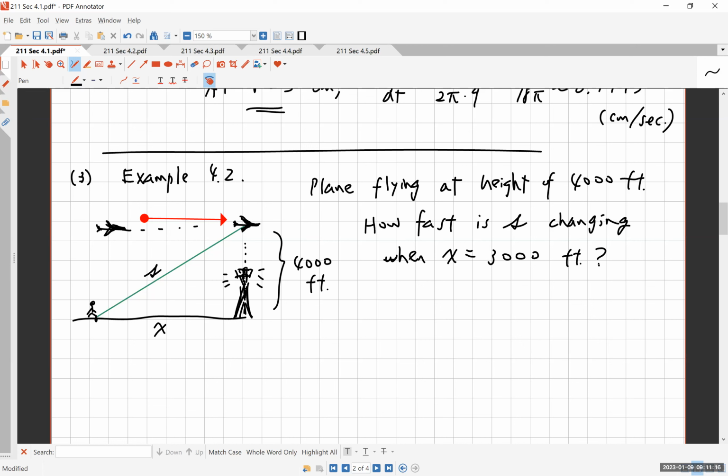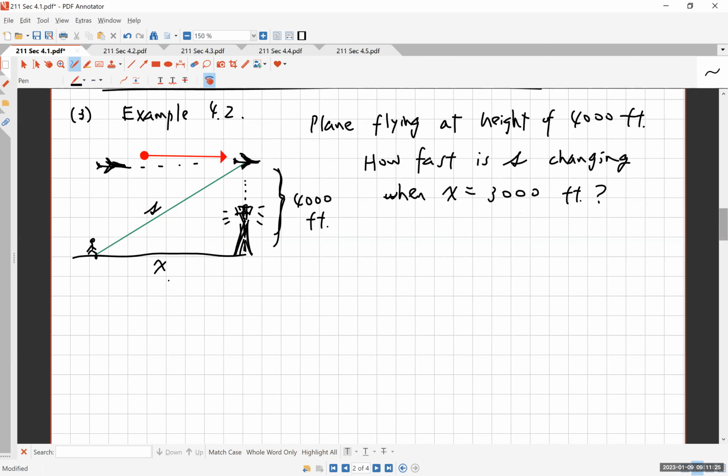Okay, so here's a picture. The plane is flying at the height of 4,000 feet, constant. This x is of course increasing. No, I'm sorry, x is decreasing, right? Is it? No, x is actually increasing, right?